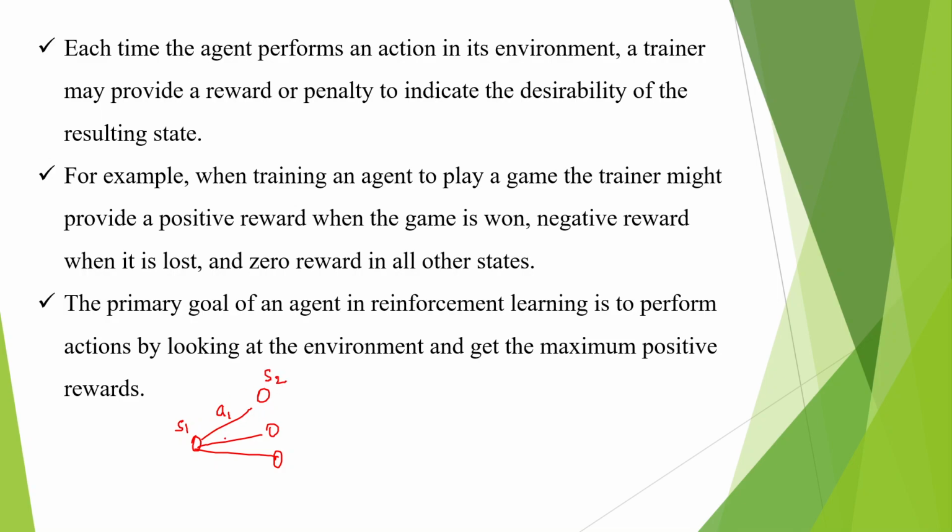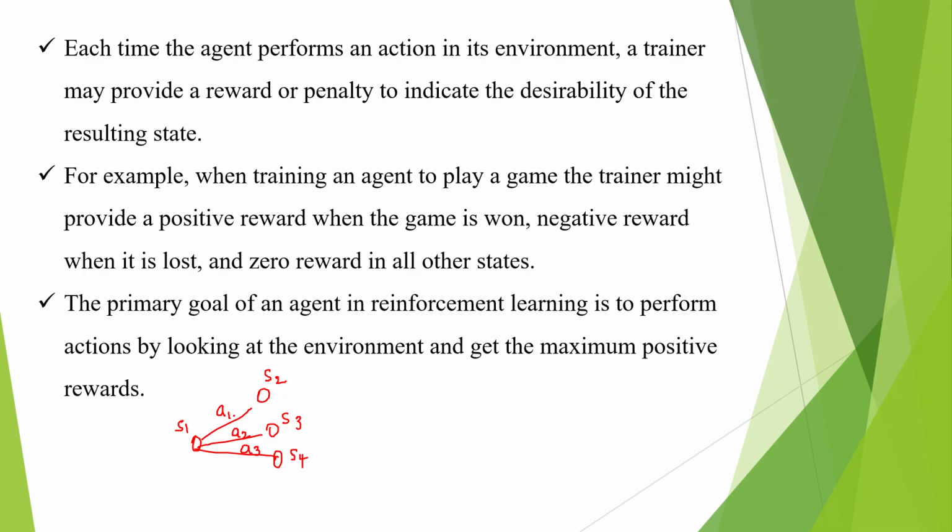From S1, if the agent performs action A2, the resulting state will be S3. Then from S1, if action A3 is performed, the resulting state will be S4. Let us assume like this: S1 with A1 leads to S2, S1 with A2 leads to S3, S1 with A3 leads to S4.